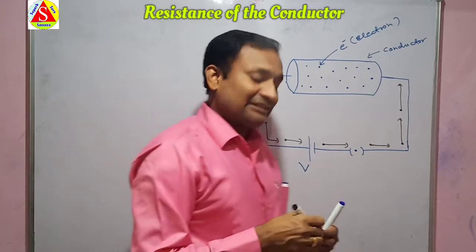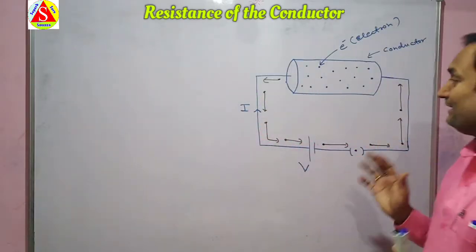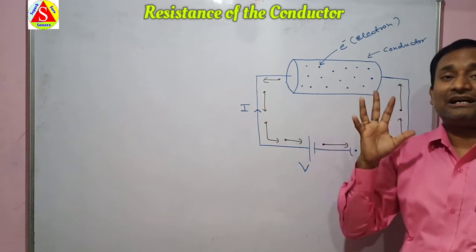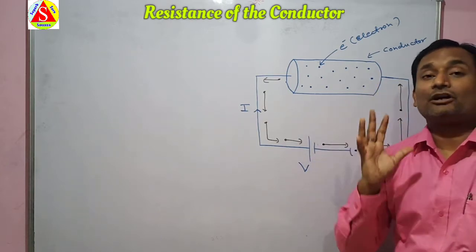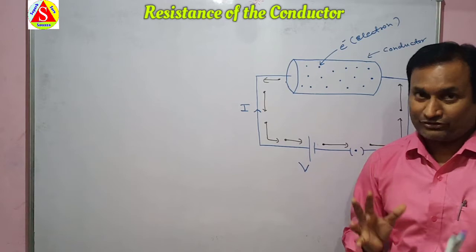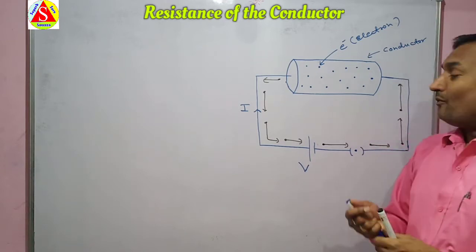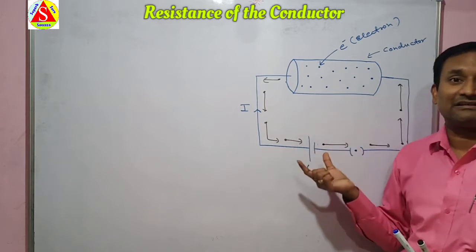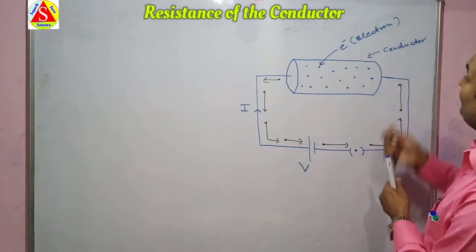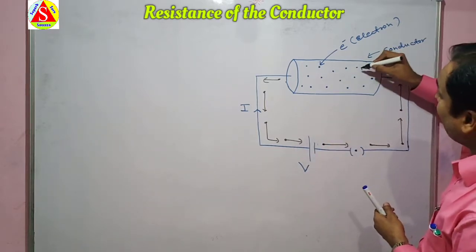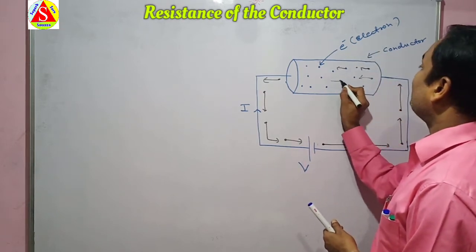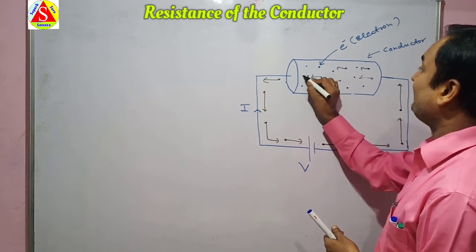So what is happening here? We know that inside the conductor we have millions of free charges or electrons. When we apply a potential difference across the conductor, all the electrons are now directed and start traveling towards the positive terminal of the battery.